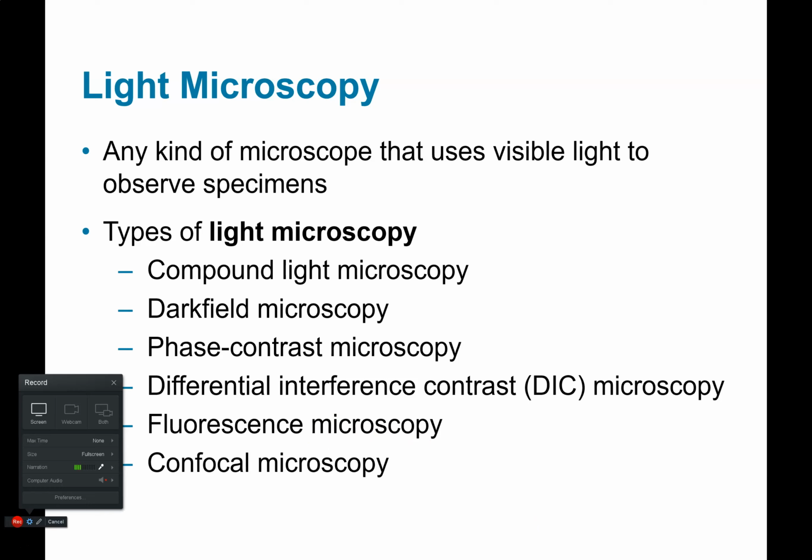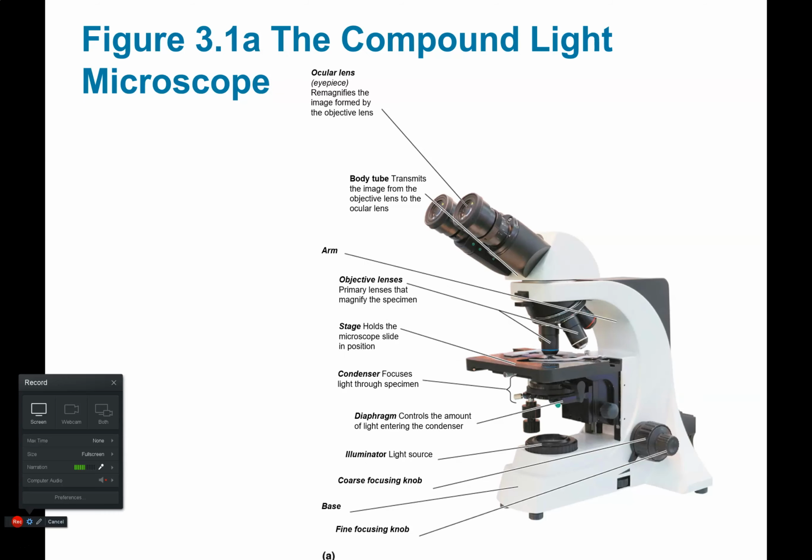What is the microscope good for? What is it not good for? That's going to be the focus for the different types of microscopes. So the first one is the compound light microscope. This is the type of microscope that we use in the microbiology lab.